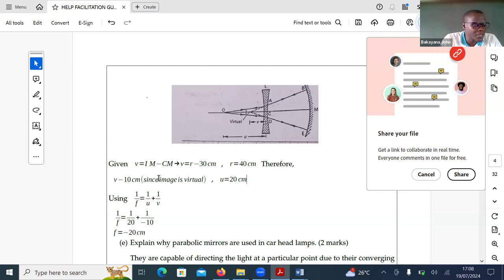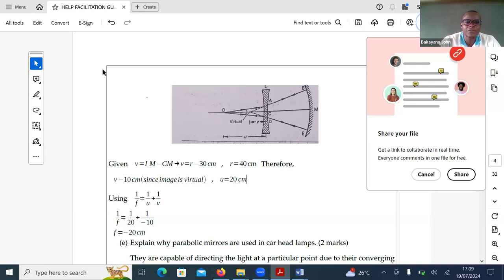If the final image coincides with the object, calculate the focal length of the concave lens if the distance between the lens and the mirror is 30 centimeters.